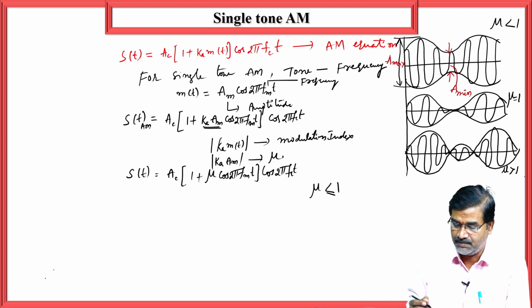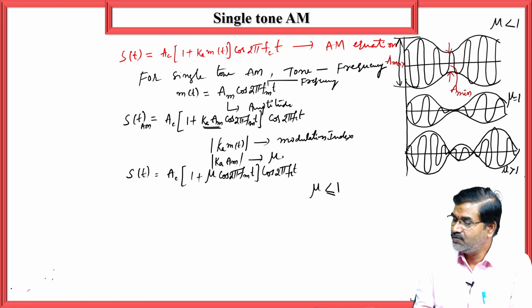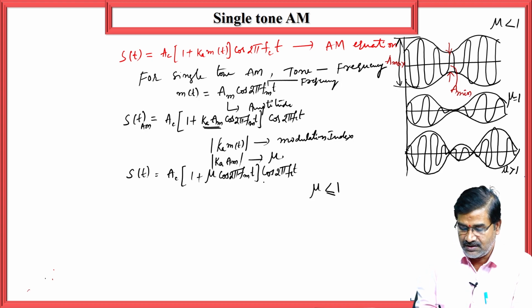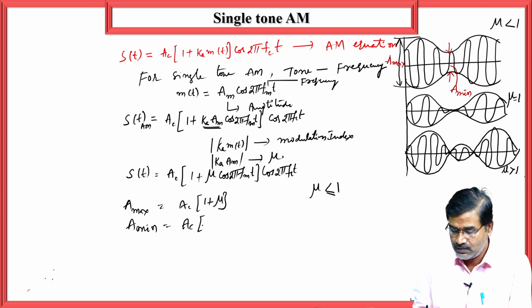If you calculate the maximum and minimum values of this particular signal, your A maximum is equal to Ac into 1 plus mu, and A minimum you will get as Ac into 1 minus mu.